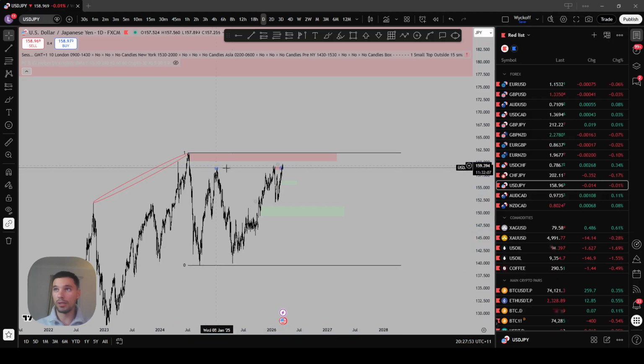And this will be the range, contextually speaking. It just looks cleaner as well.